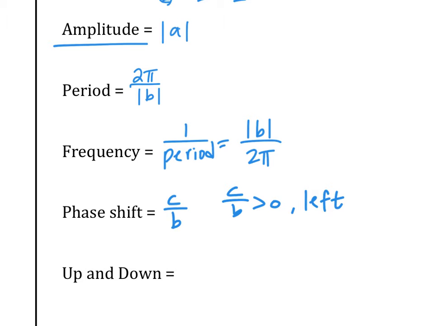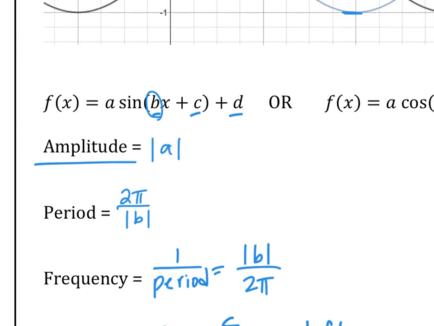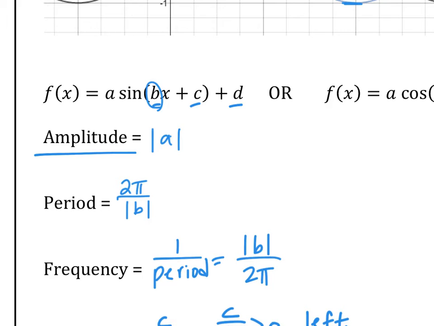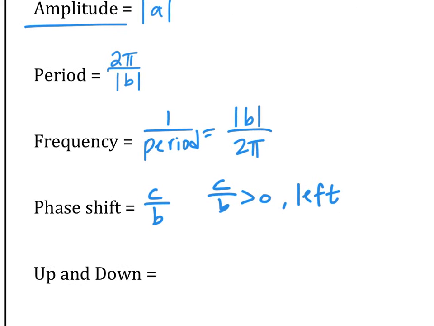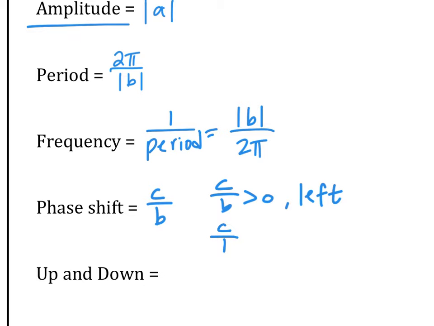Greater than 0 meaning if you see the equation bx plus c. So same idea as before. If you see a plus, you're going to go to the left. If you see a minus, you go to the right. C over B less than 0, that means when it's a negative number, it goes to the right.